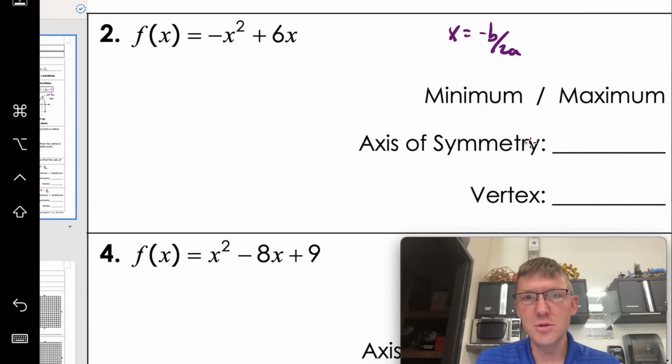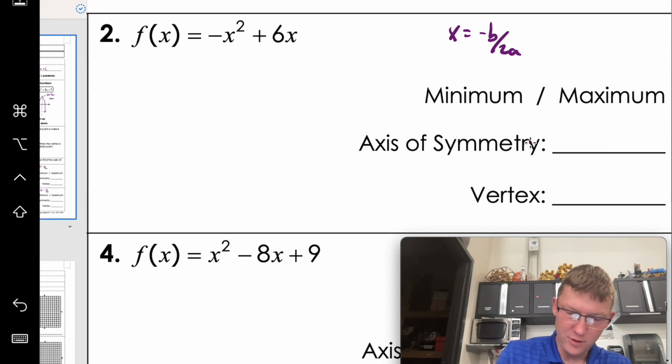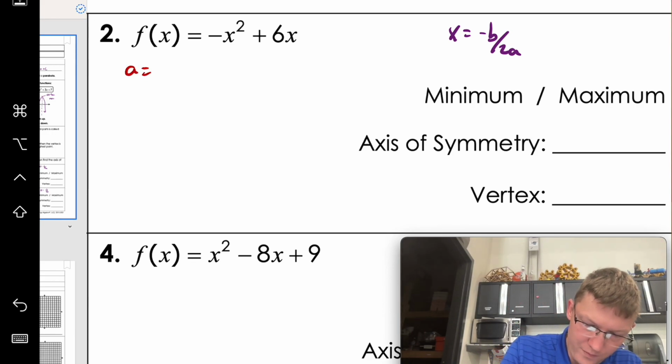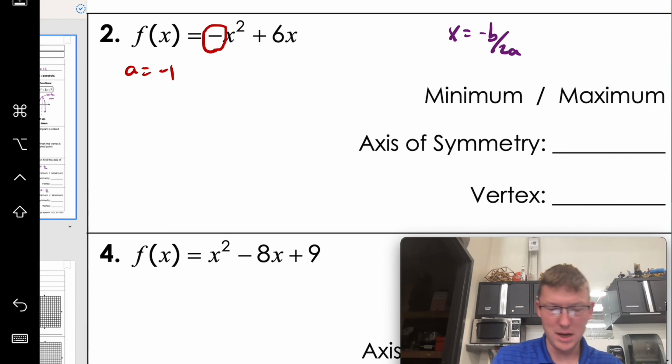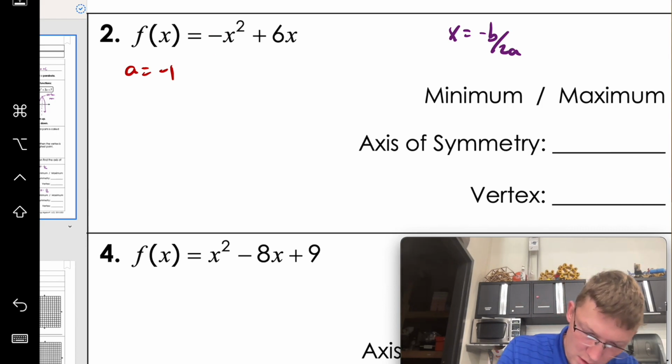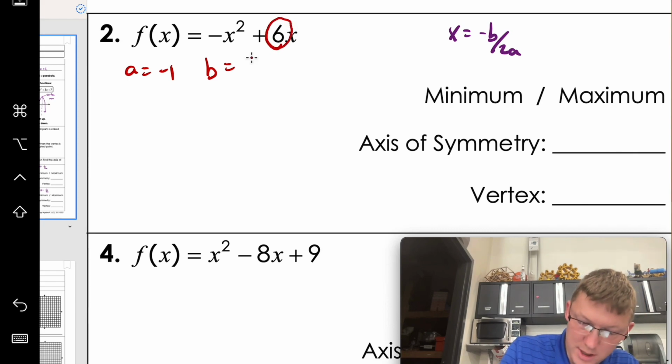All right, number 2. Again, we've got to figure out which one is A, B, and C. So in this case, our A is going to be equal to -1. I got that from right there. That's the number that's attached to the x squared. The B equals this number right here, the number attached to the x. And then our C is non-existent.